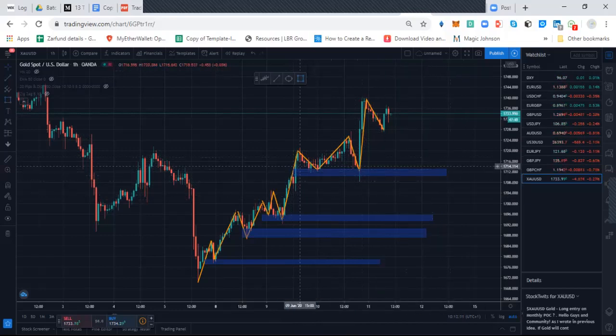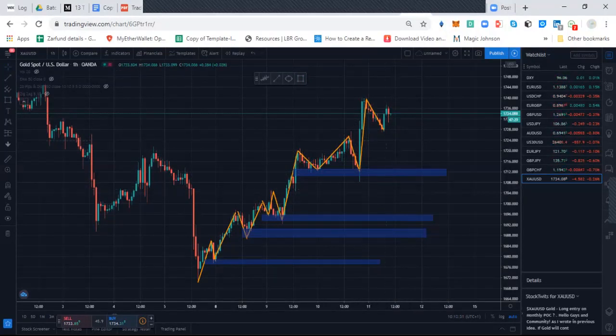So you can see how gold retested this zone, moved up, made this place a structure, then came back again to this point. That was from last night, I think, when the news from the US came out.